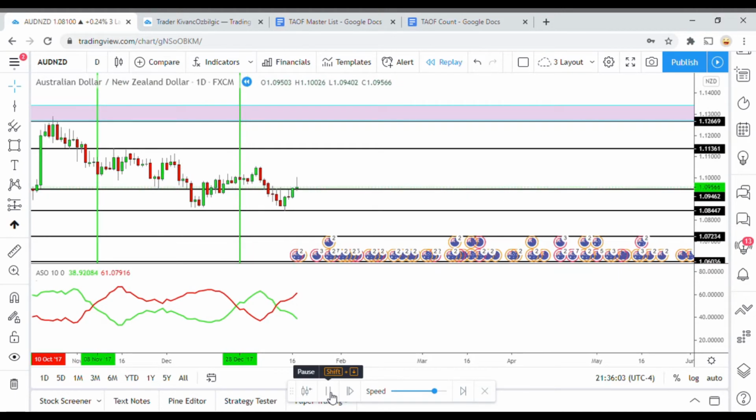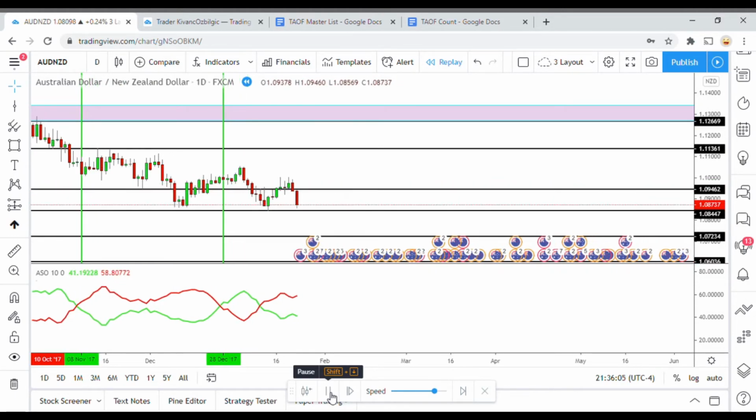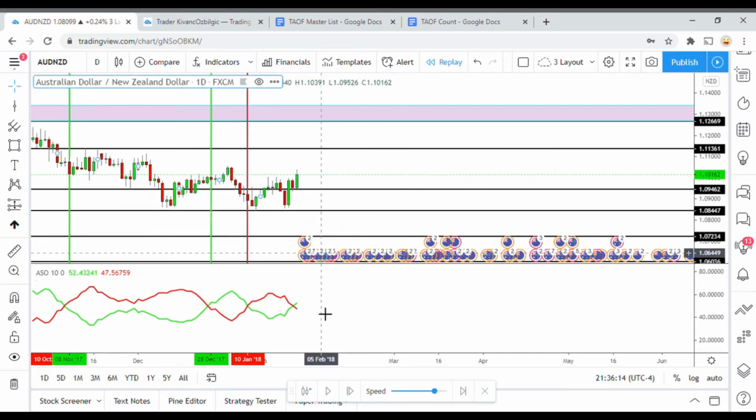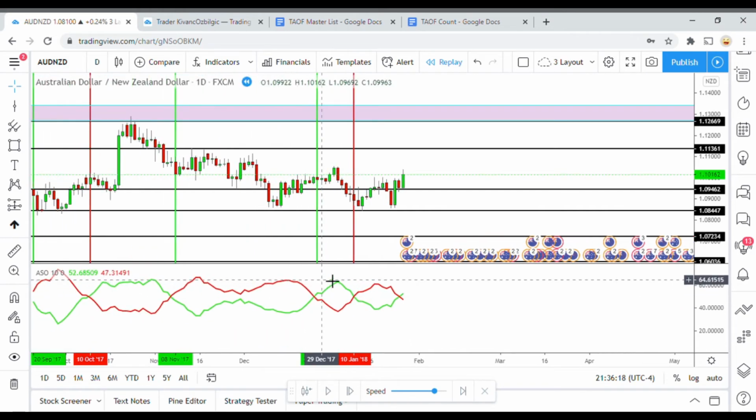Which got us to take profit, so that was good. And there it threw a short signal. That was not a great signal. Ends up stopping us out.